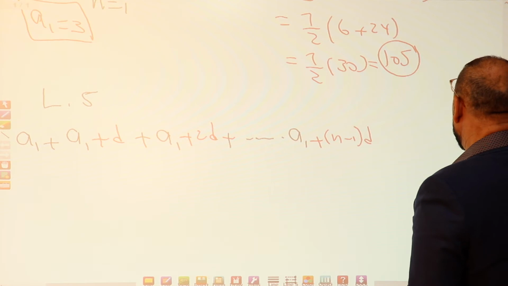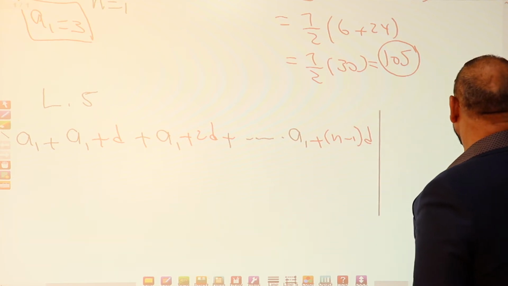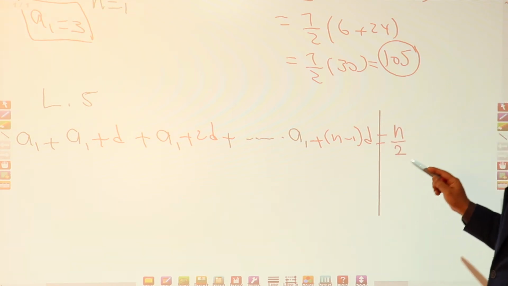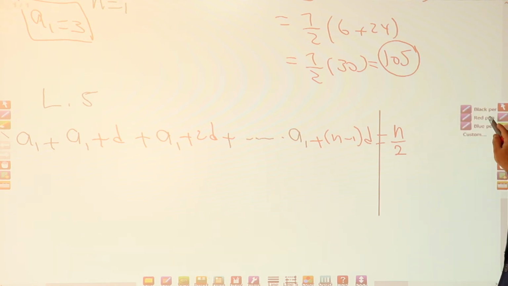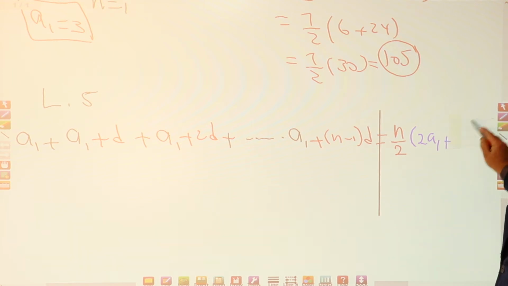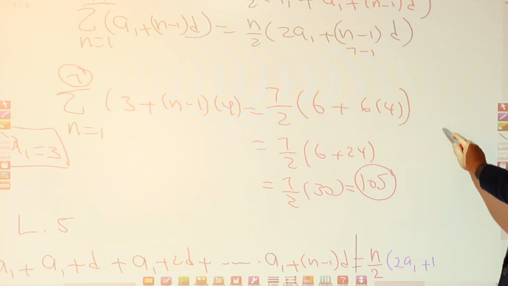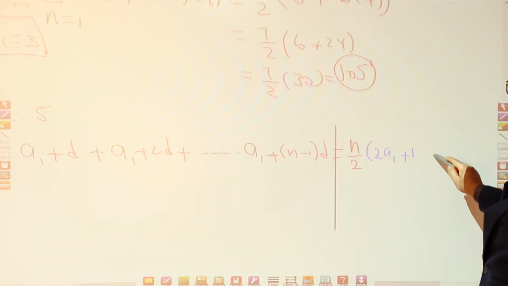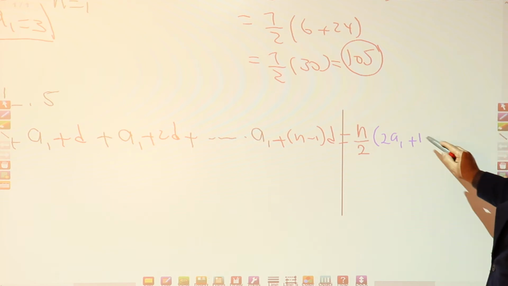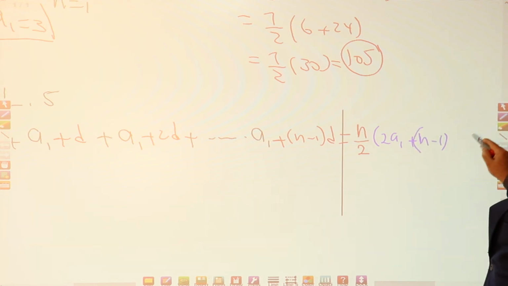In the other side, in the right side, all this equal to n over 2, right? N over 2, 2a1 plus, n minus 1 times d.